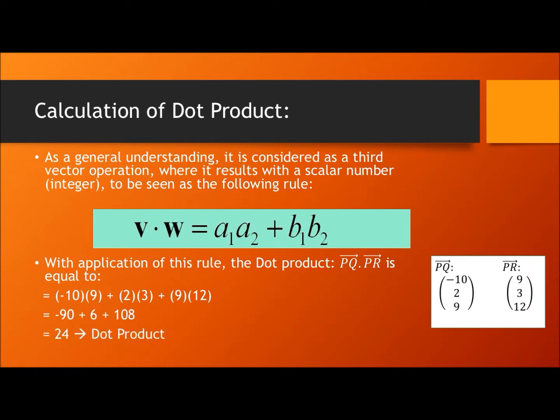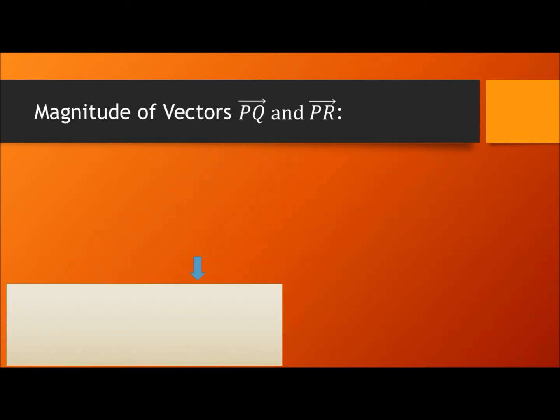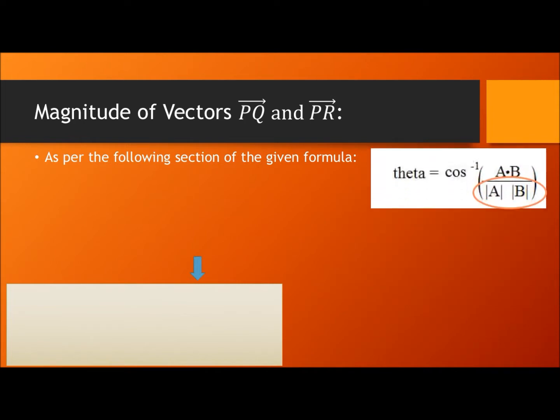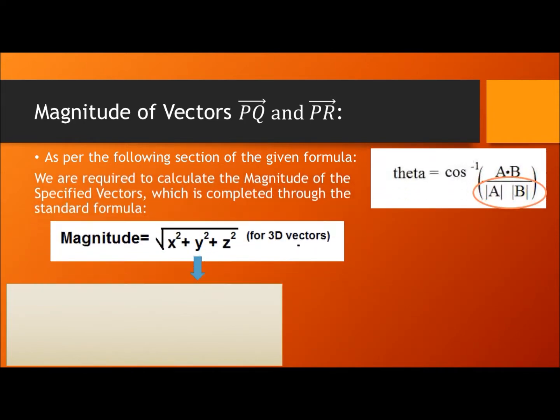As per the given formula required to deduce the angle of a triangle through means of vectors, we are required to calculate the magnitude of position vectors PQ and PR. This could be achieved through the standard formula of magnitude, which makes use of the three-dimensional coordinates of the vector. Hence, through this general rule, we could substitute the given column vectors into the formula.